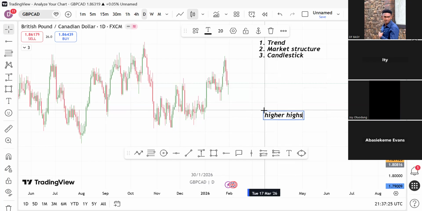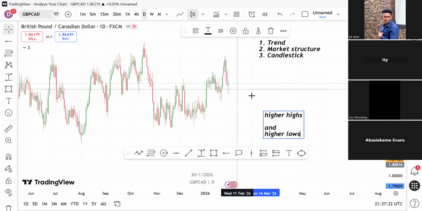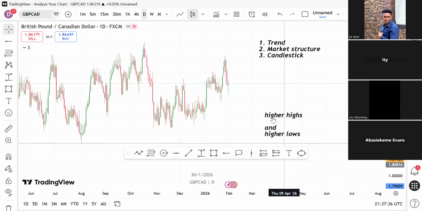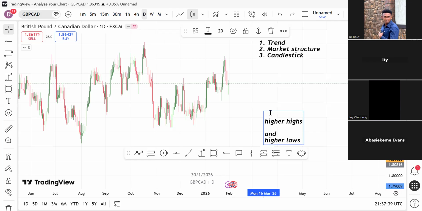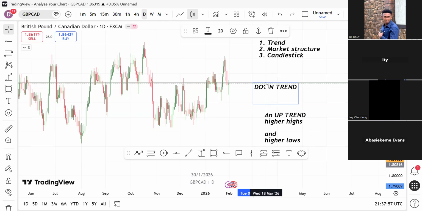Then a downtrend is when the market makes lower lows and lower highs.